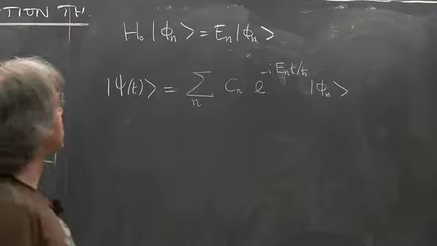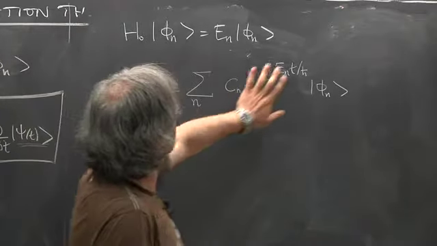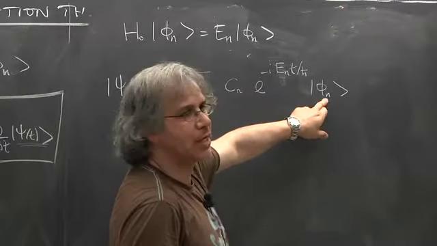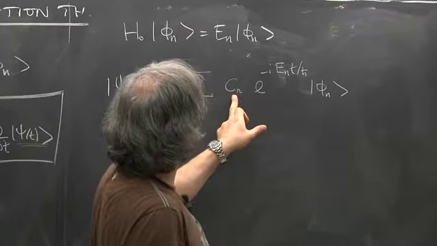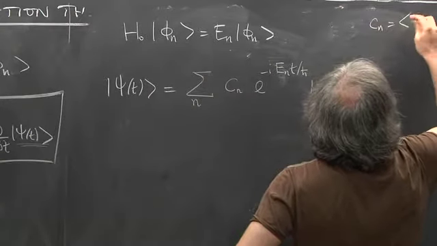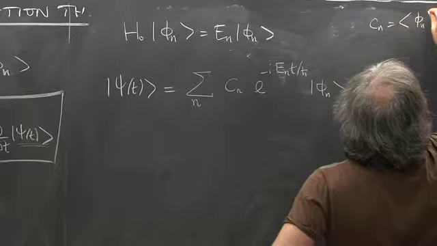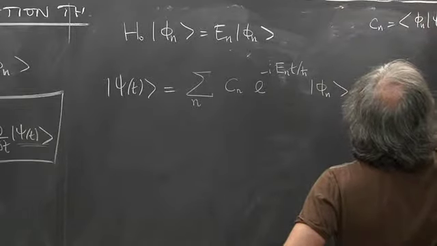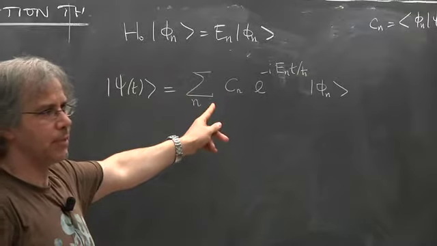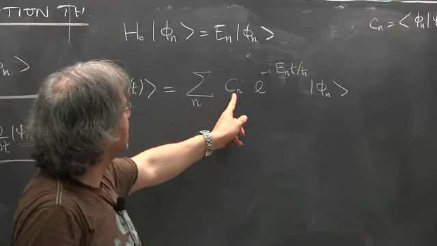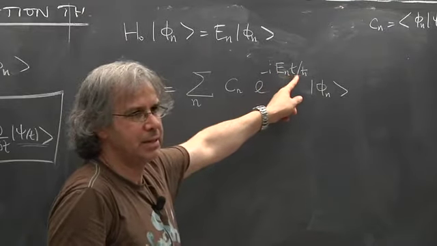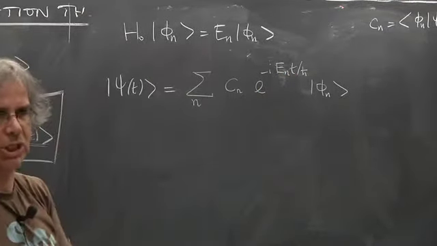So I write the state at time t equals 0 as a superposition of certain of the states Phi n, with Cn being simply given by the scalar product between Phi n and the state at time 0. And then I know that the solution must be of this form. In other words, the Cn simply gets a factor that is e to the minus En times t divided by h bar. Is this clear?